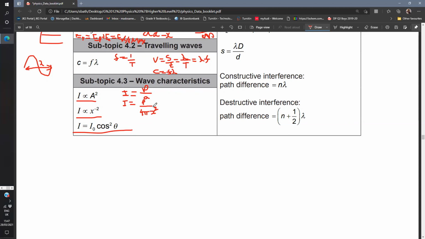And this is how we prove that. And also the intensity will be proportional to the amplitude squared. This is pretty much given because there's not a specific way to actually prove this.